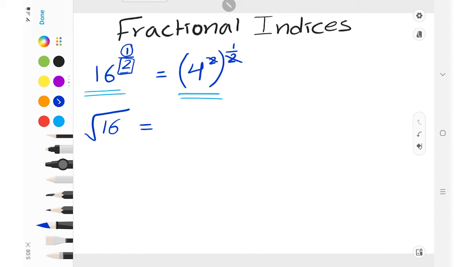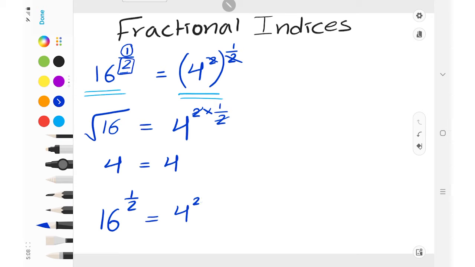It's like multiplying 2 by half. The 2s are cancelled out and we have 4, and the square root of 16 is also 4. So these are the same, whether you write 16 to the power half or 4^2 to the power half. This is the first example.